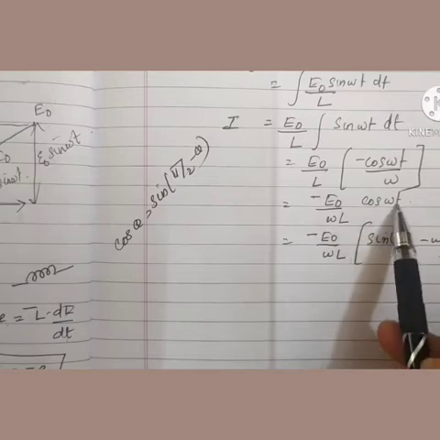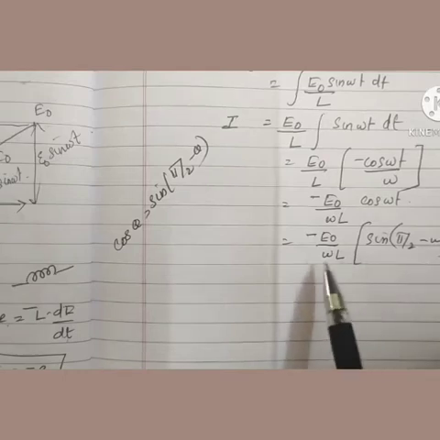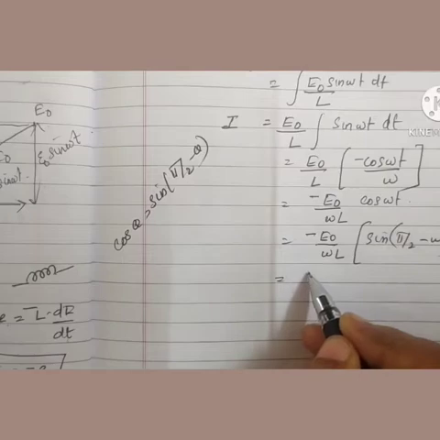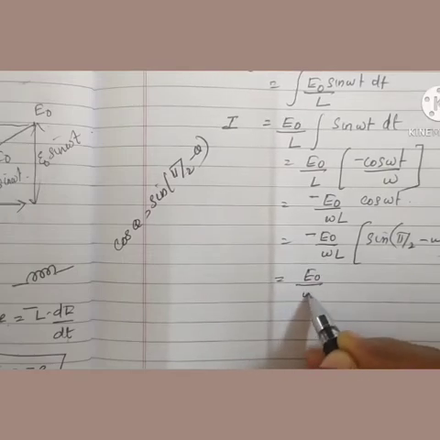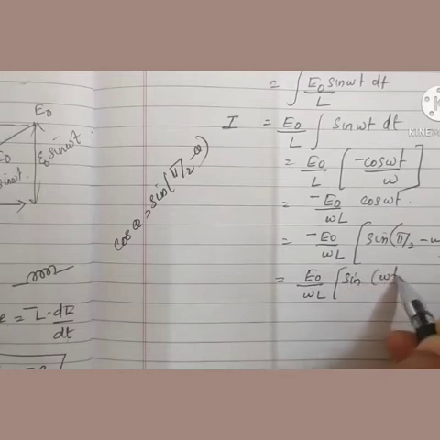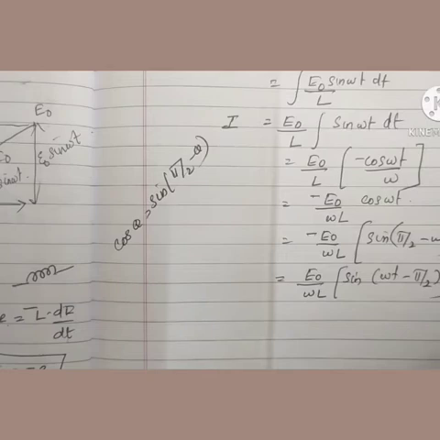Because cos omega t is sine of pi by 2 minus omega t. Now here there is a negative sign, so you can multiply inside. Therefore the equation becomes E naught by omega L into sine of omega t minus pi by 2. Clear?